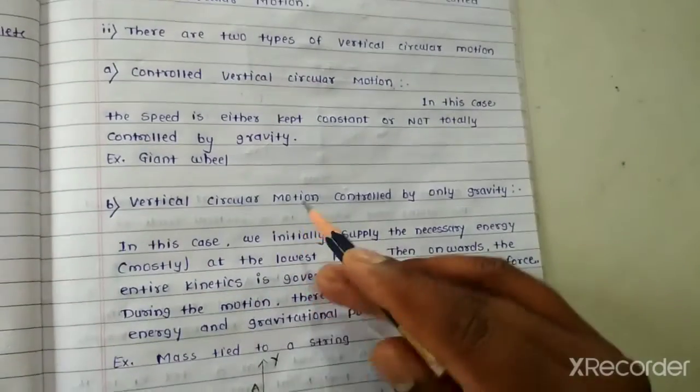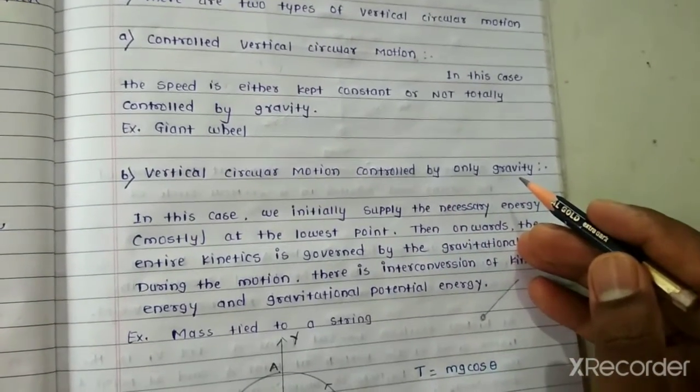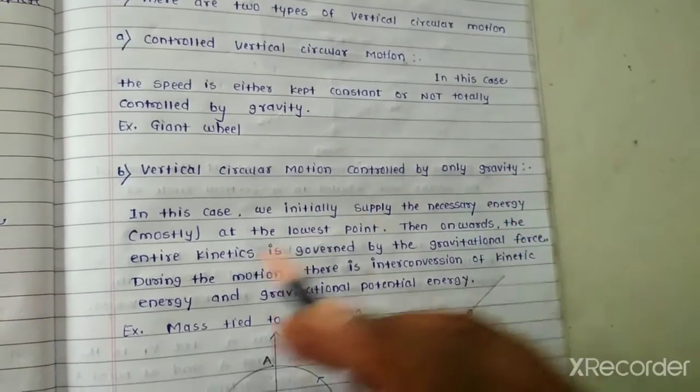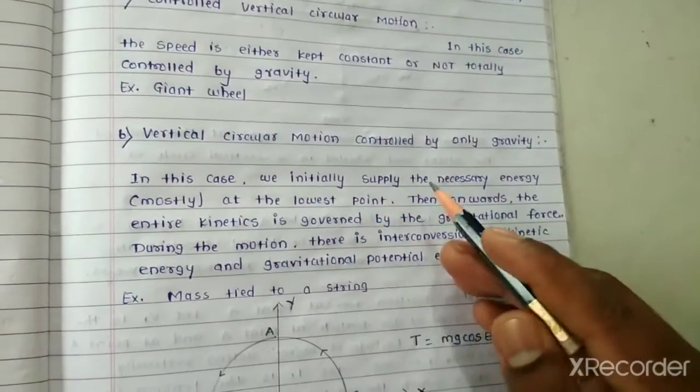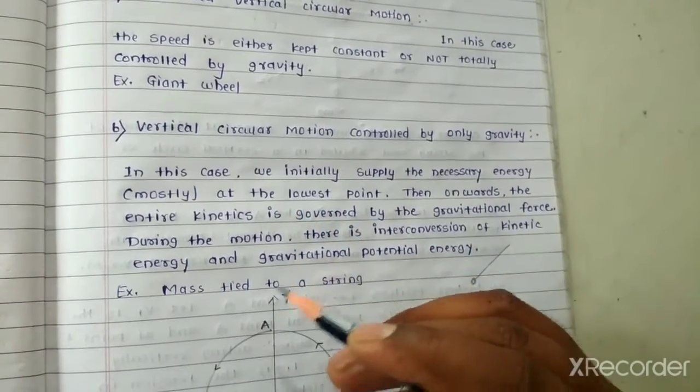Second type is vertical circular motion controlled by only gravity. In this case we initially supply the necessary energy mostly at the lowest point.